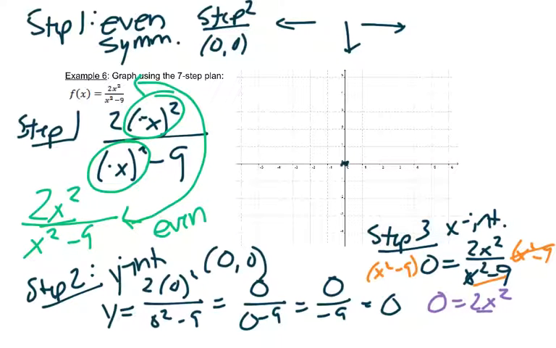And I can keep going and divide by 2, which gives me 0 equals x squared, and that just tells me x is 0. So step 3 gives me the same exact point as I had in step 2.